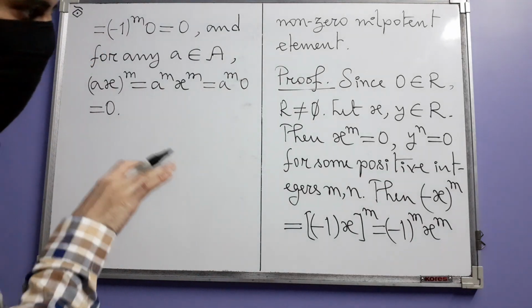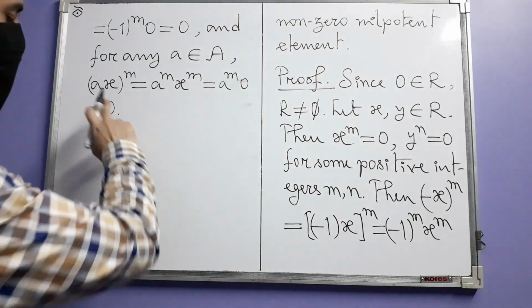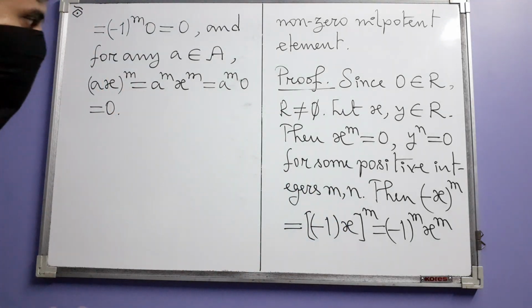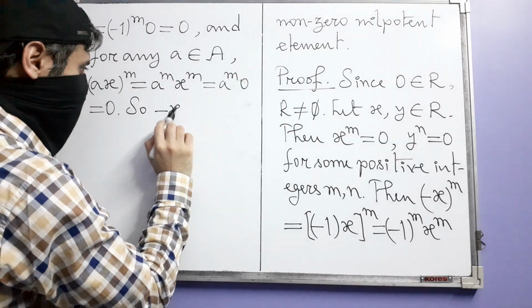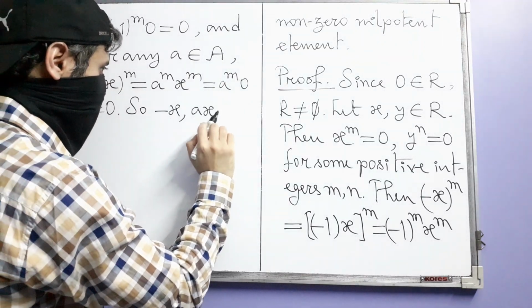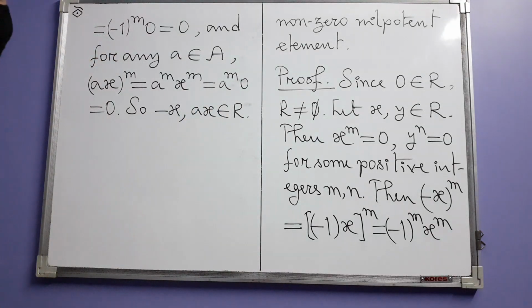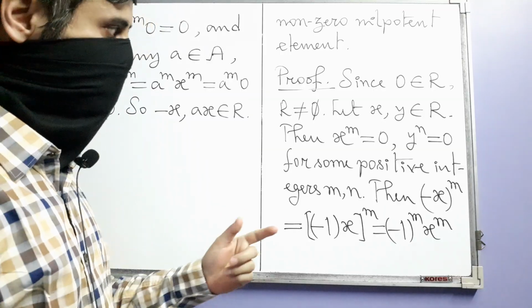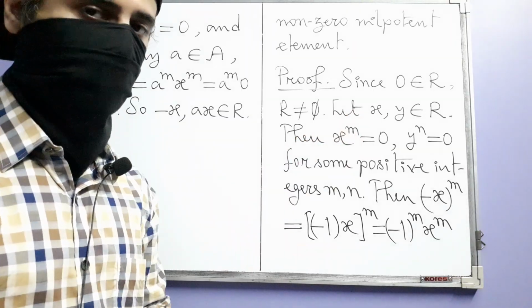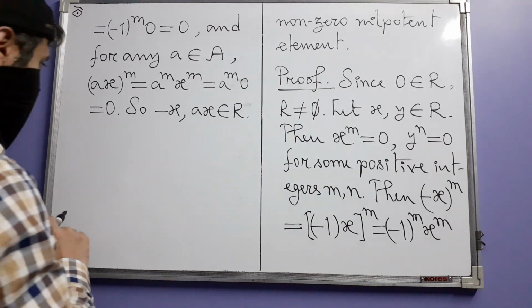Okay, so these two things tell us what? Namely that minus x and ax are both nilpotent elements. So minus x and ax both belong to R. That alone, of course, is not enough to say that R is an ideal. We still need to show that the sum of x and y is again a nilpotent element. So next we are going to go for that.